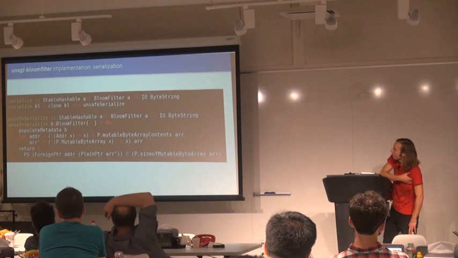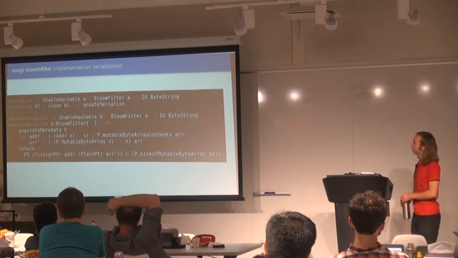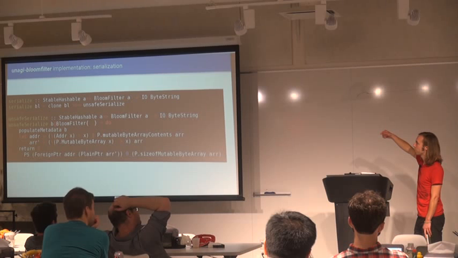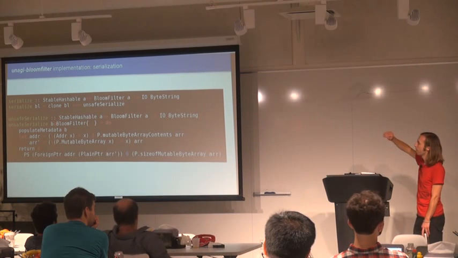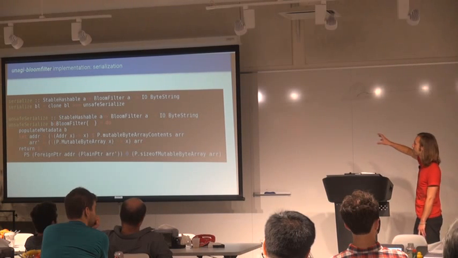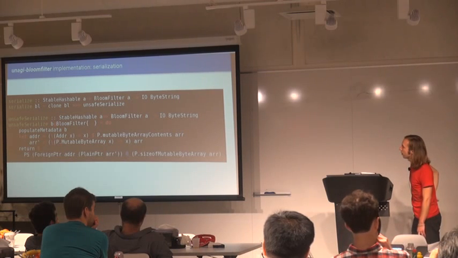That unsafe serialize is unsafe because if after we call it, we continue to modify the Bloom filter, we're going to break referential transparency. The byte string is supposed to be a pure interface, so if we modify it in the background, we break Haskell or whatever.